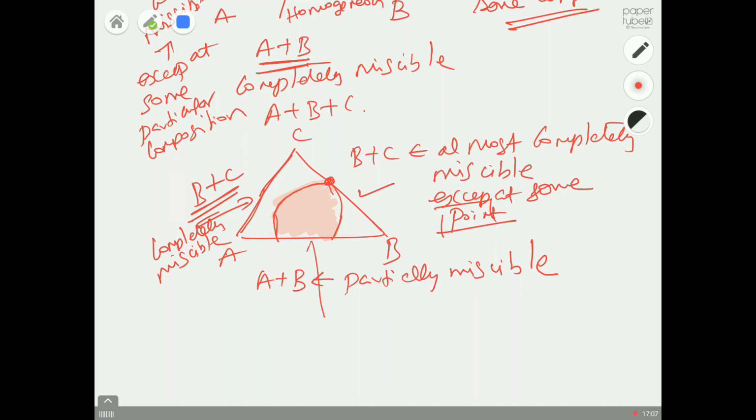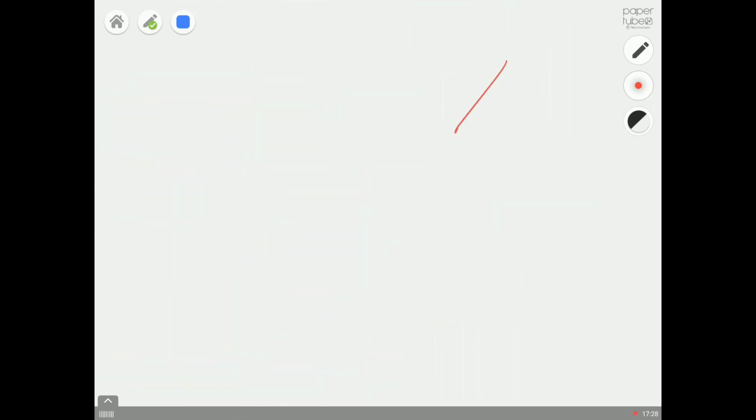They won't tell all these tips or tricks to understand this ternary diagram. So this is your two-phase region, and all this side is homogeneous. There are a few more systems available in literature. So let's put C, A, B. There are this type of systems. This is your two-phase region where separation is possible.